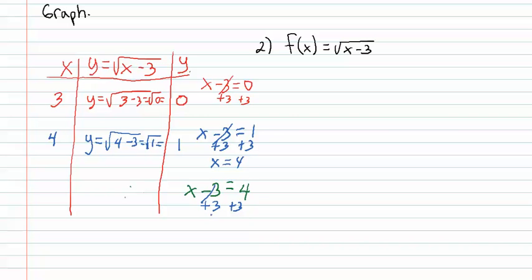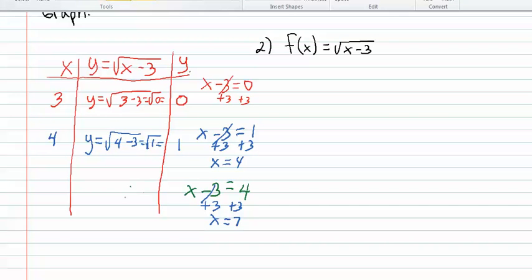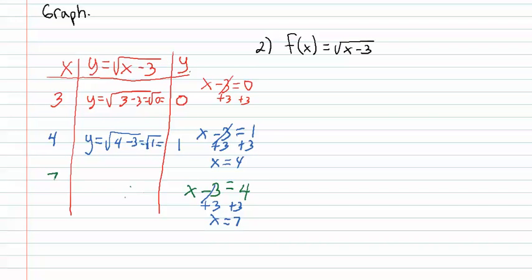So now my x is going to be equal to 7. So now I have y is equal to square root of 7 minus 3, which is the square root of 4, which is equal to 2.